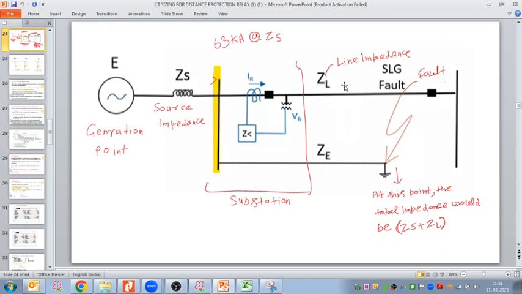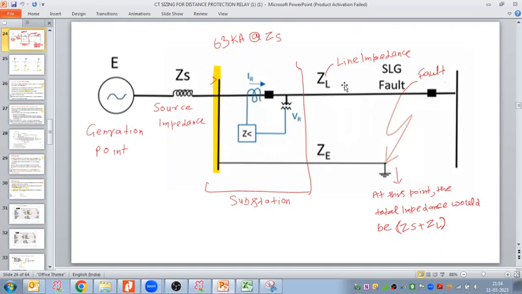required. So for that, what kind of conductor are we using? Because we have many types of conductors, like moose, zebra, panther. What is the diameter of the conductors? What is the configuration of the transmission line?